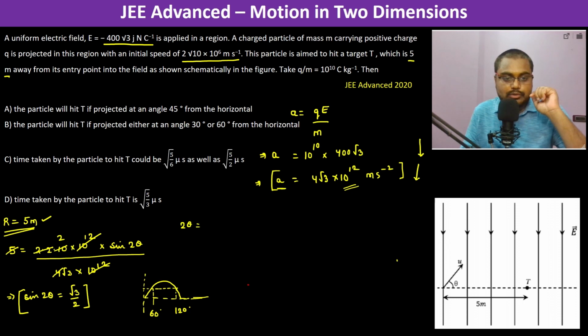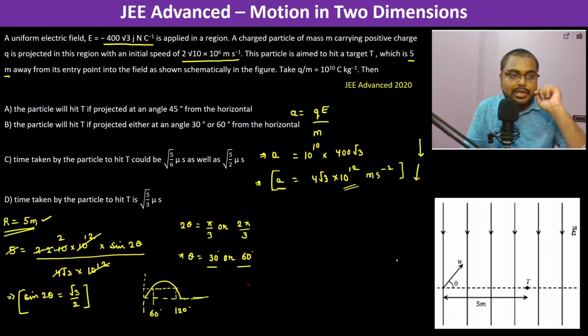So we write 2 theta should be either pi by 3 or 2 pi by 3. So therefore theta becomes 30 degree or 60 degree. In both cases the range will be the same. So A is wrong but B is correct because it is projected at either 30 degree or 60 degree.